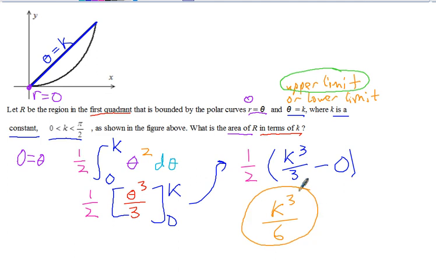So that would be our area in terms of k. What this tells us, if we knew what that angle is, let's say theta would equal 1, then we'd have 1 cubed over 6, our area would be 1/6. Or if theta equaled 1/2, we'd have 1/2 cubed divided by 6, and so on. And that concludes the notes for AP Calculus on the topic of polar equations with advanced area problems.